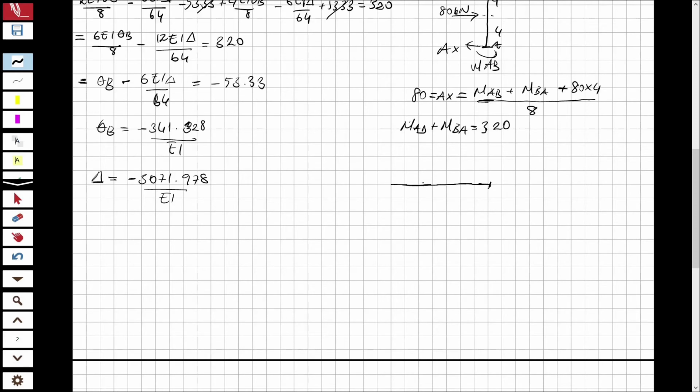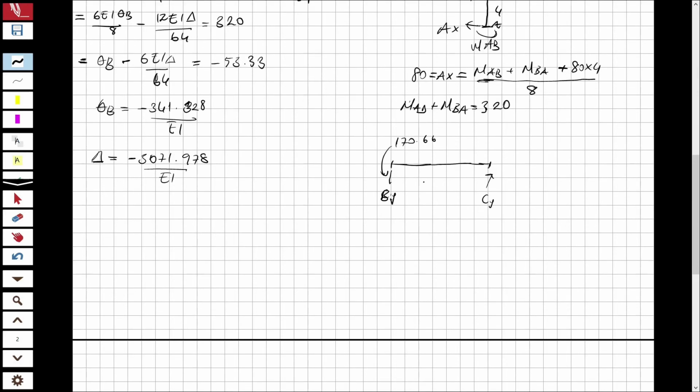You can see there's a moment here, 17.66, and there is also Cy, and I also have By, right? So if I have it like that, I'm going to draw it now. I'm going to take the moment with respect to B. Total moment at B is equal to 0.